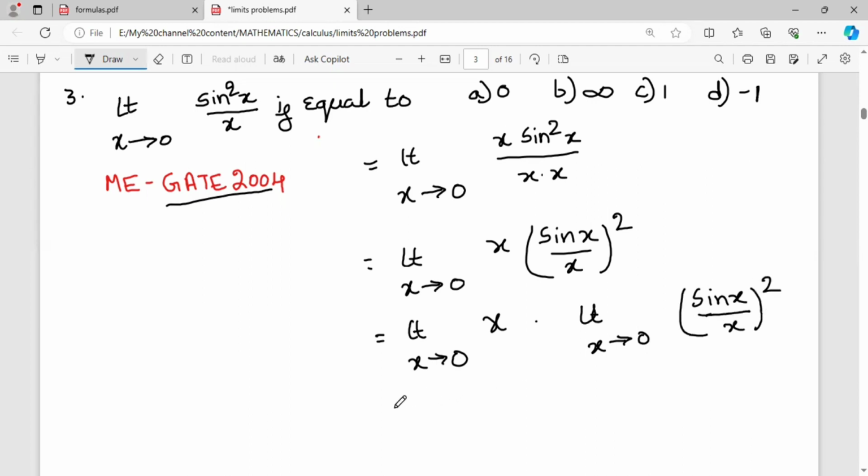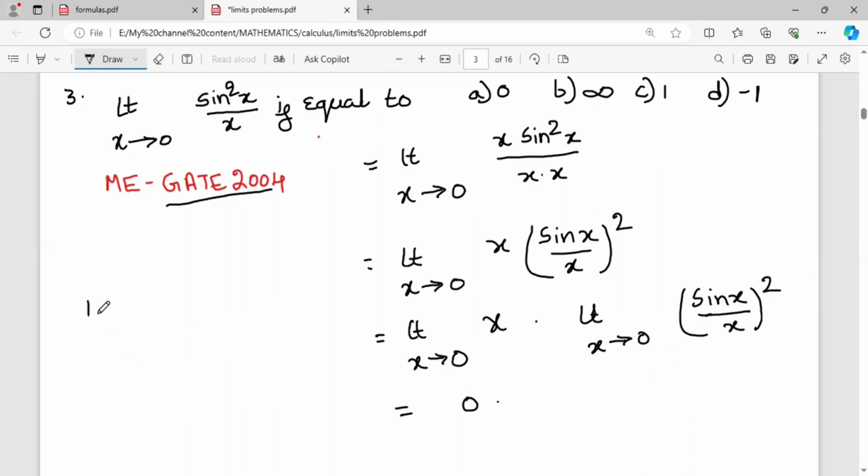Here x tends to 0 means this is 0, into limit x tends to 0 of sin x by x.